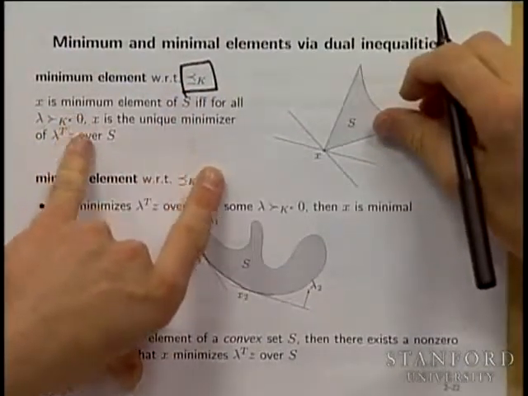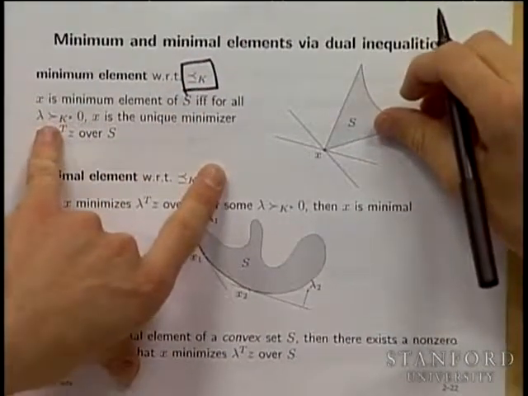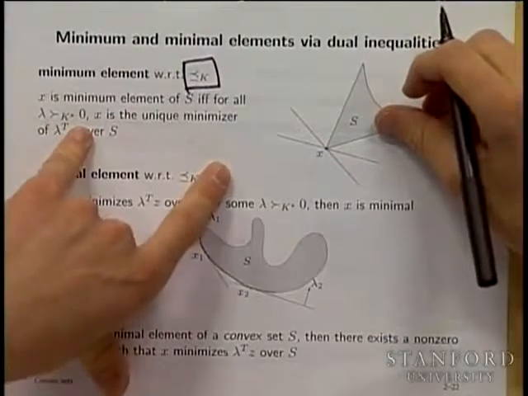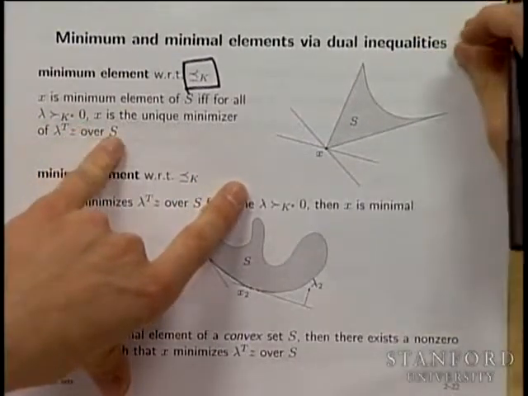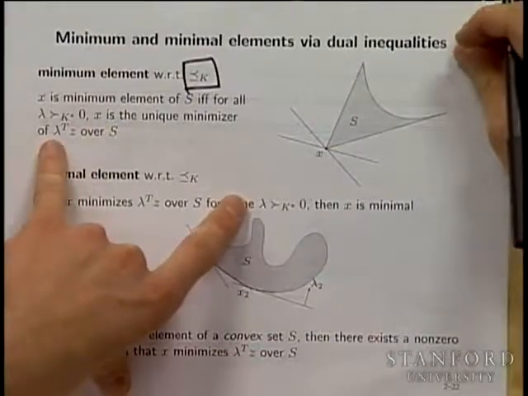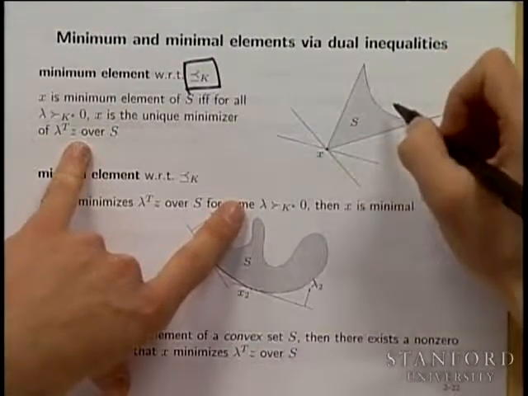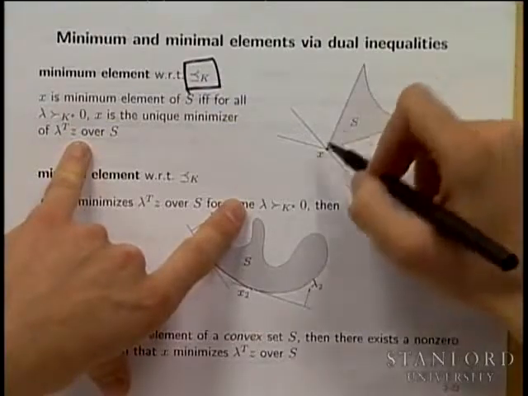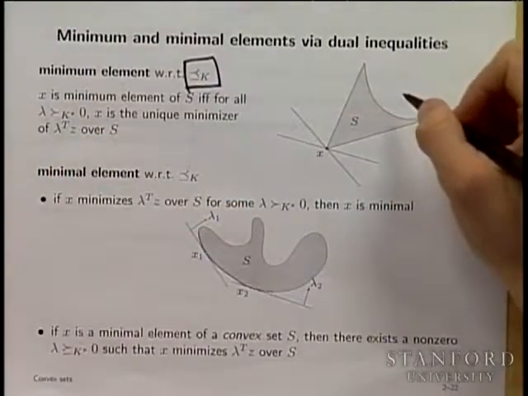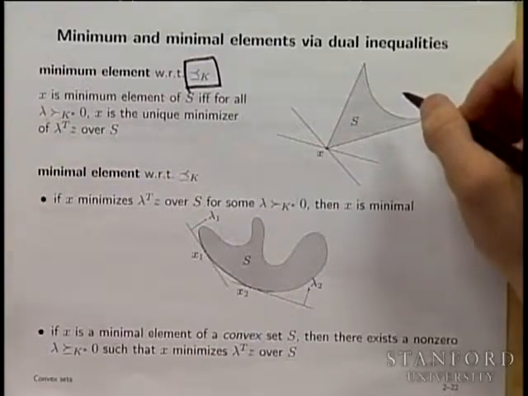X is the minimum if and only if for all lambda that are strictly in the dual cone, if x is the unique minimizer of lambda transpose z over S, then x is the minimum element.